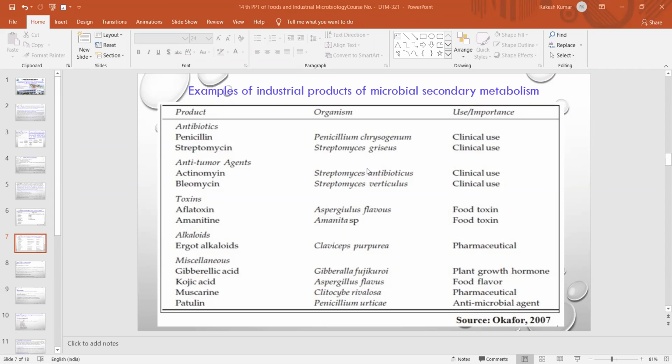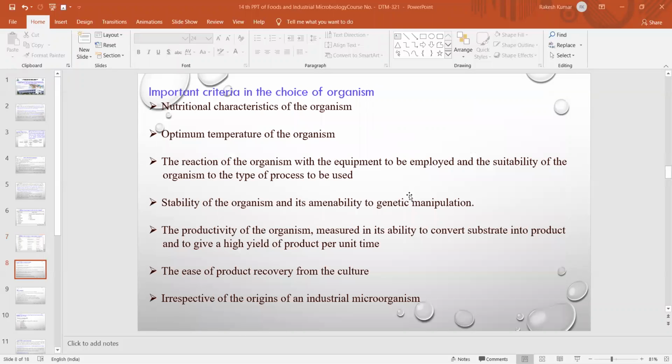And one thing I just want to tell you people, a very specific type of microorganism having a specific character is generally selected and used for manufacturing a particular type of product. So compatibility is very important with the substrate you have selected for starting the fermentation process for producing a particular type of end product.